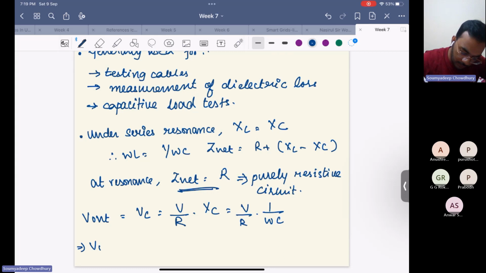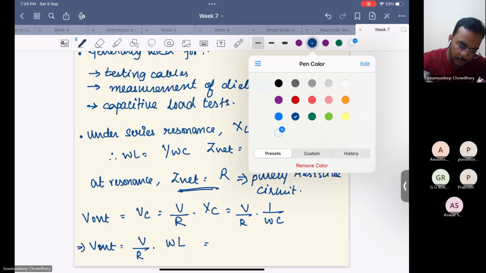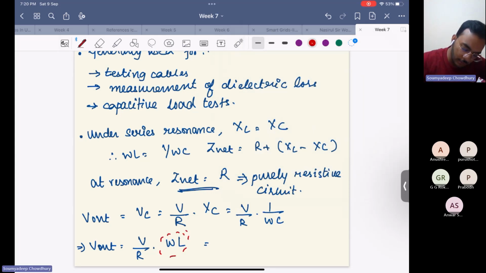So V out is equal to, since omega L is equal to 1 by omega C, V by R into omega L. So basically this factor, omega L by R or 1 by omega CR, both are equal, right?